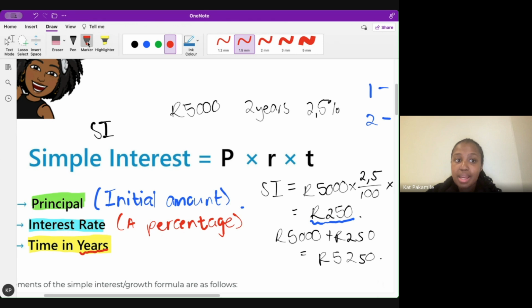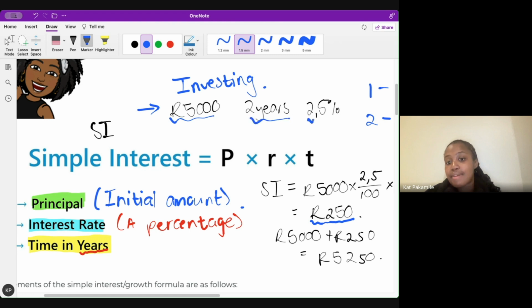So I explained that the principal amount is the amount you invested. I gave us an example over here. I said I'm investing 5,000 rand for 2 years and they are giving me 2.5% interest. The first thing you put in your formula is the principal amount, which is the initial amount, which means how much did I invest? I invested 5,000 rands.